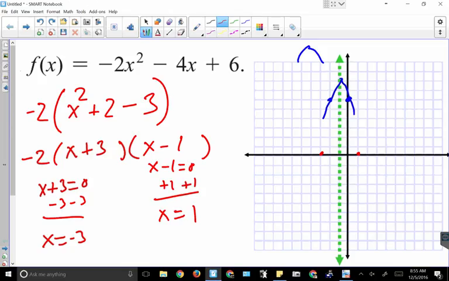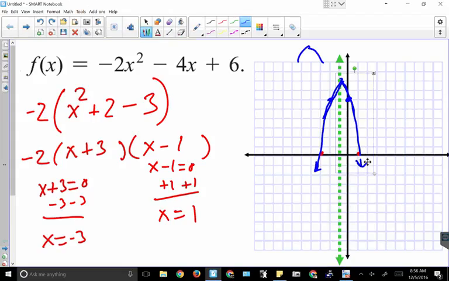So, my question for you is, is my symmetry still there? If the line of symmetry comes down here, 1, 2, 1, 2. So I know that it held and things are working good. So I know that my parabola is going to look something like that. Okay? That's what the parabola is.